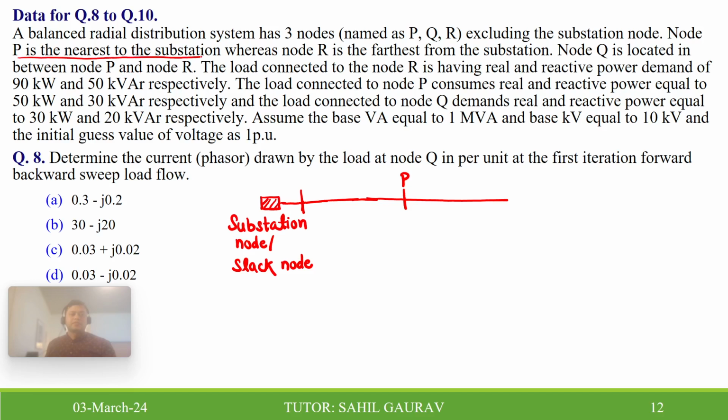Node R is furthest from the substation, and node Q is located between the P and R nodes. So then we have the Q node, and at the end we have node R. This is the single line diagram for the balanced radial distribution system.